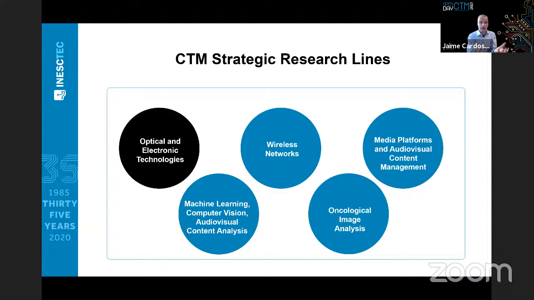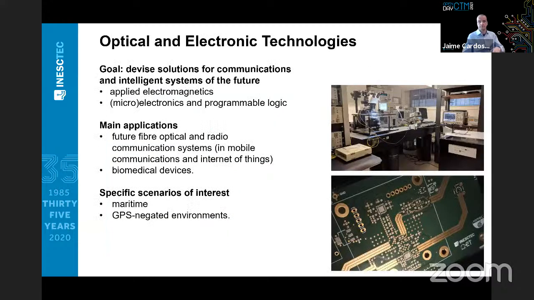We have the area of optical and electronic technologies that addresses communications from this hardware perspective. So we bring together know-how and skills on electromagnetics, optics, electronics, and dynamic hardware, and they are put at the service of communications, both optical and wireless.